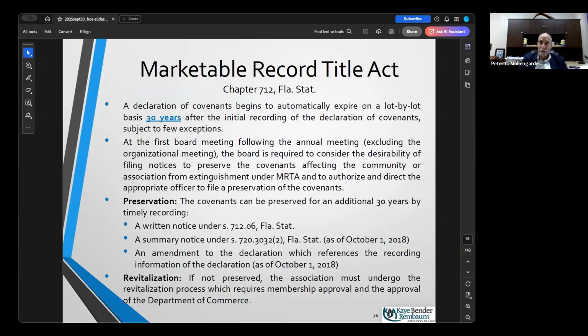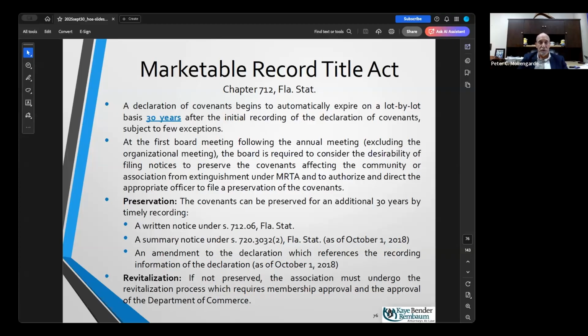It's very important to make sure they're preserved. There are three different ways to preserve them: written notice under section 712.06, summary notice under 720.303(2), or, up to October 1st, 2018, an amendment.